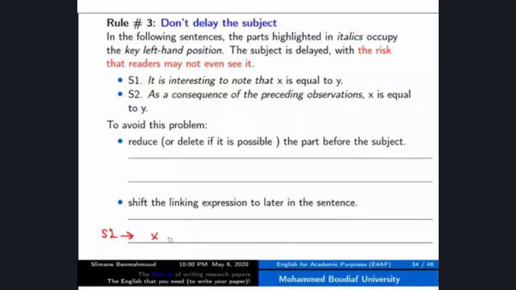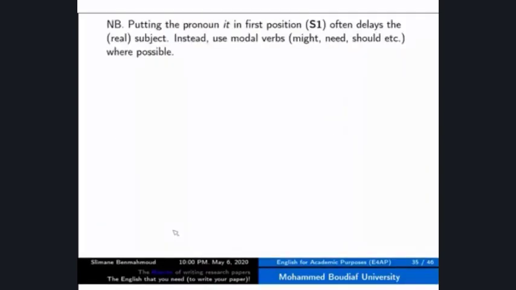We can say x is thus equal to y. We have replaced all this phrase with thus, and we have delayed it after the subject. Okay.